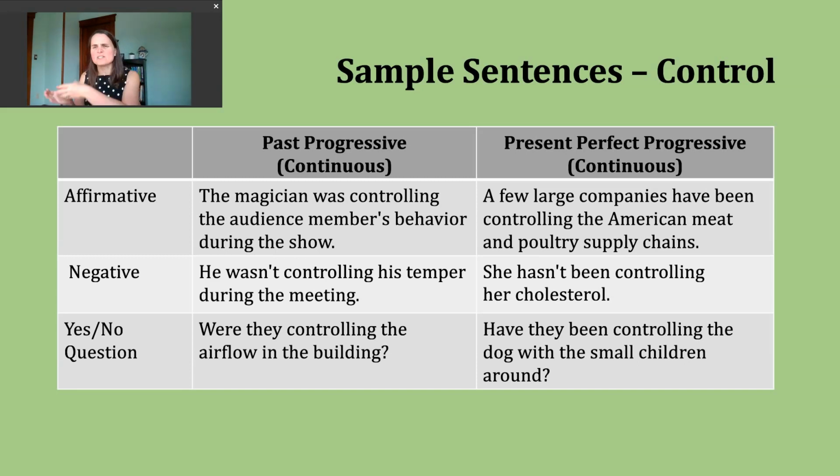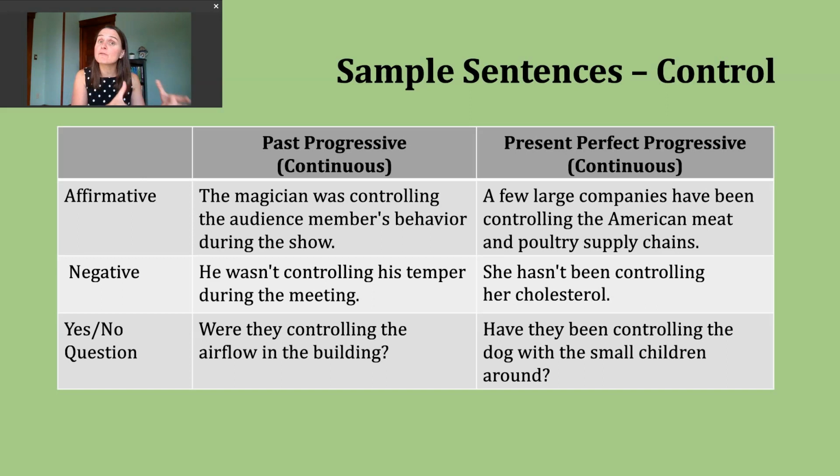Many times we're focused on how long that action has been ongoing. The reason I like using the name present perfect progressive is you're going to see 3 P's in the name. 1 P for present, 1 P for perfect, and 1 for progressive. This is going to help me remember I need 3 parts to make my verb. 3 P's, 3 parts. Okay?